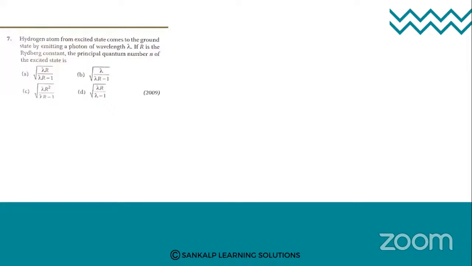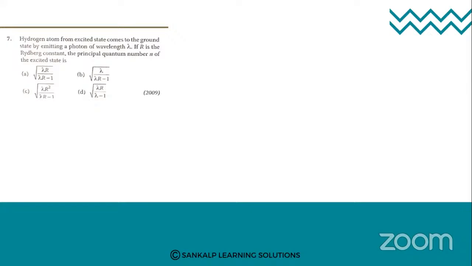See, hydrogen atom from excited state comes to the ground state by emitting a photon of wavelength lambda. Hope you know what a photon is. Photons are nothing but small packets of energy. The energy is given as E is equal to h nu.